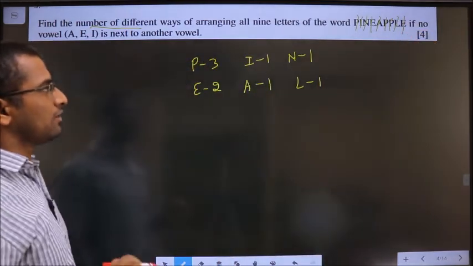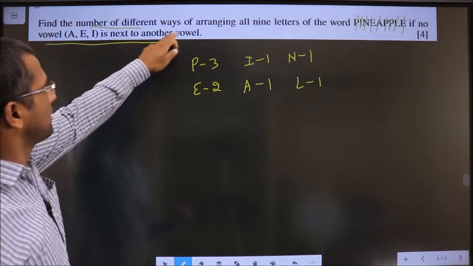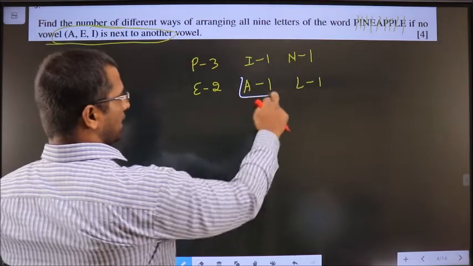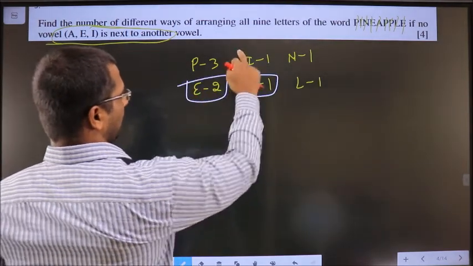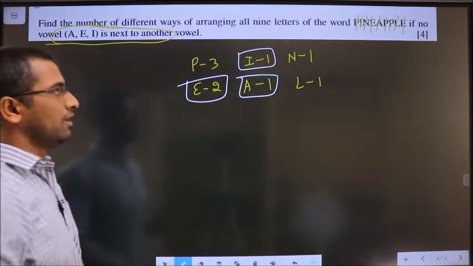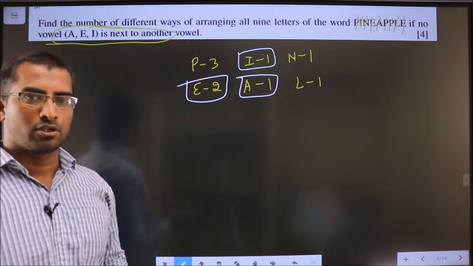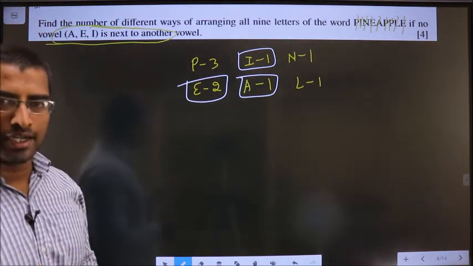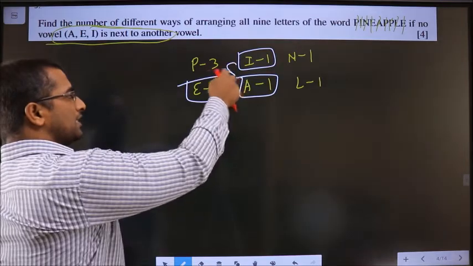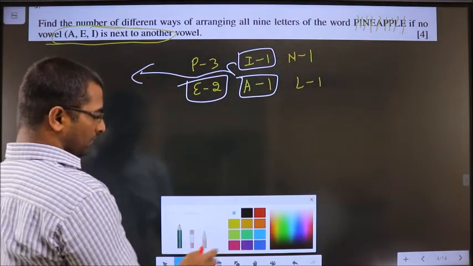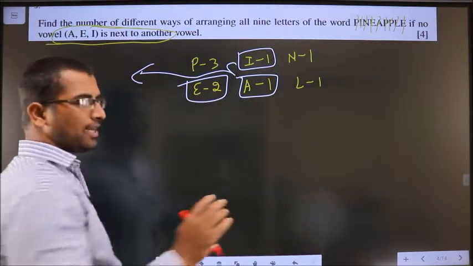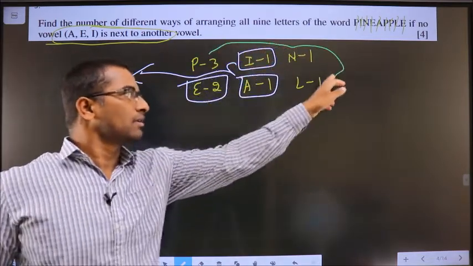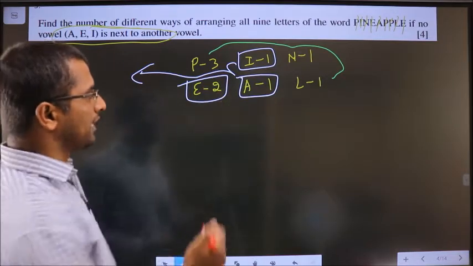Now the condition is no vowel is next to another vowel. So vowels are A, E, I. These vowels should not be next to each other. How do I make sure that they are not next to each other? Put these 3 separate and arrange the remaining. Once these are gone, left out are P, N and L letters.